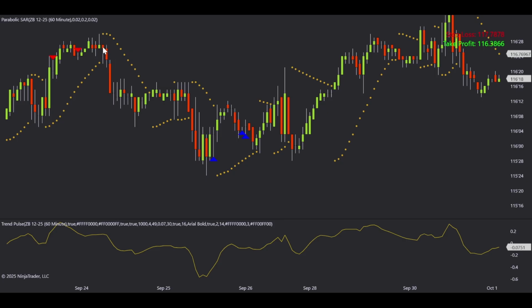And so right here, as this candle closes, we would have had it starting here, with the dots above price. And then right after, we see these two strong sell candles forming, some ranging, and then another strong move down. And so this is just a very simple indicator, very popular one as well, that can pair great with the trend pulse indicator.